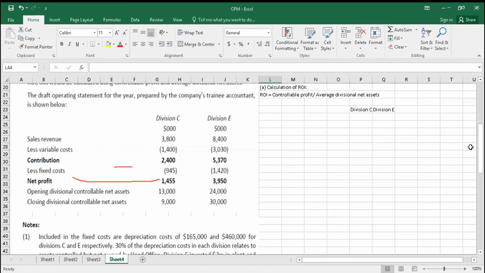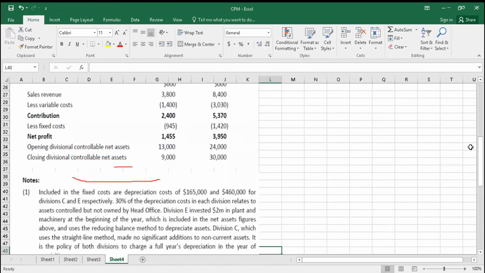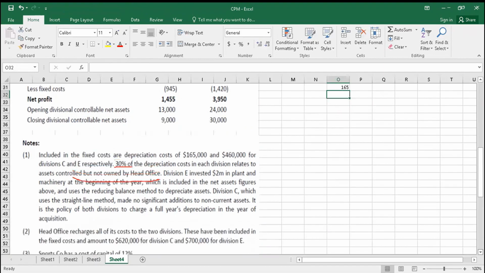If we look into that, the amount of fixed cost is 945 for division C. The total other fixed costs given here are 945. The other two items are 165, that is one item, and the next item is 620.